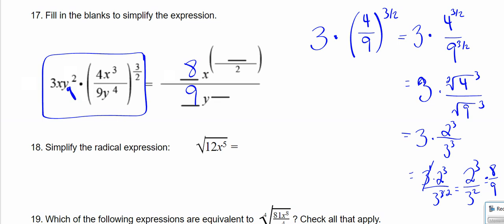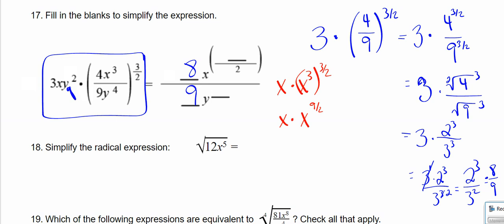Next piece, we'll do the x's here. With the x's, you have an x not being raised to any power, but it's multiplied by an x cubed that's raised to the 3/2. So that's an x times x to the 3 times 3 over 2, which is 9 over 2.